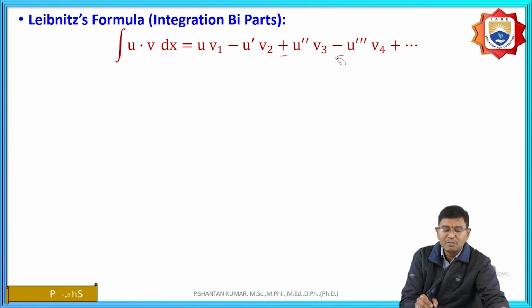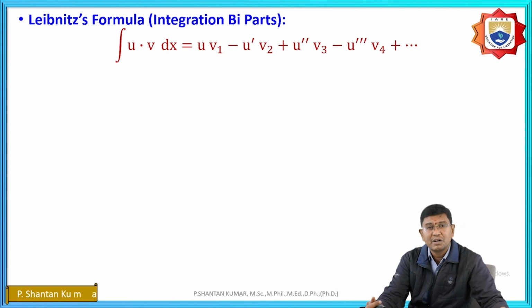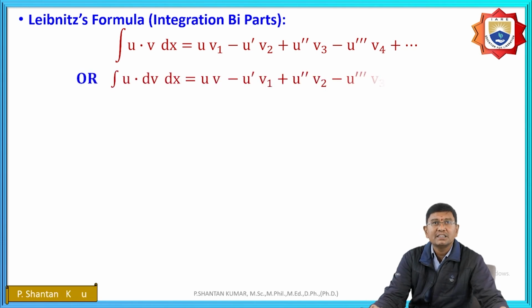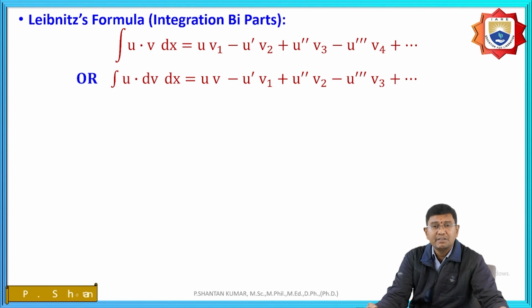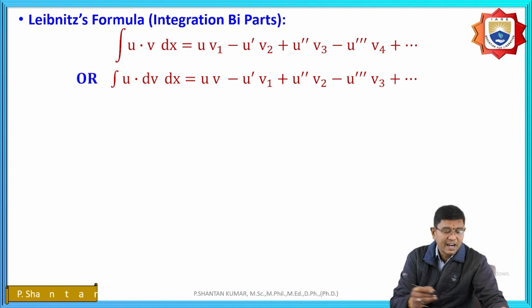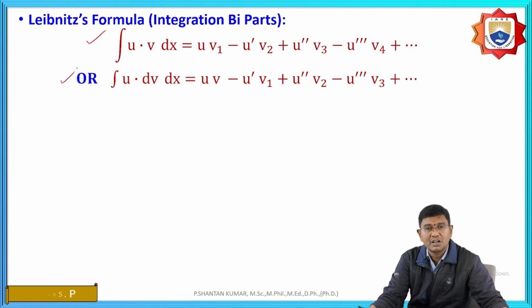Here we need to understand the meaning of u, u dash, u double dash, u triple dash, and v, v1, v2, v3. The integration of uv is also the integration of u dv; both are the same. In comparison, it is uv minus u dash v1 plus u double dash v2, and so on. Either formula can be followed; both are in different terminology.